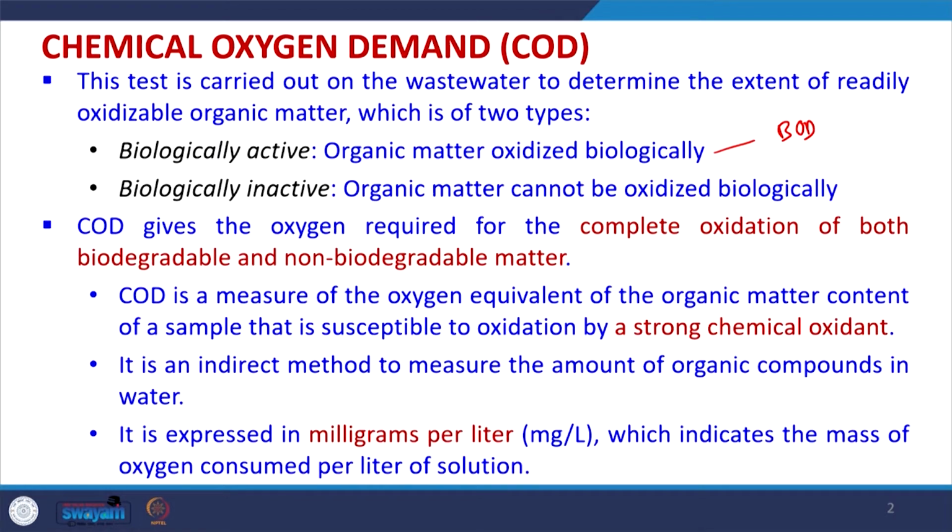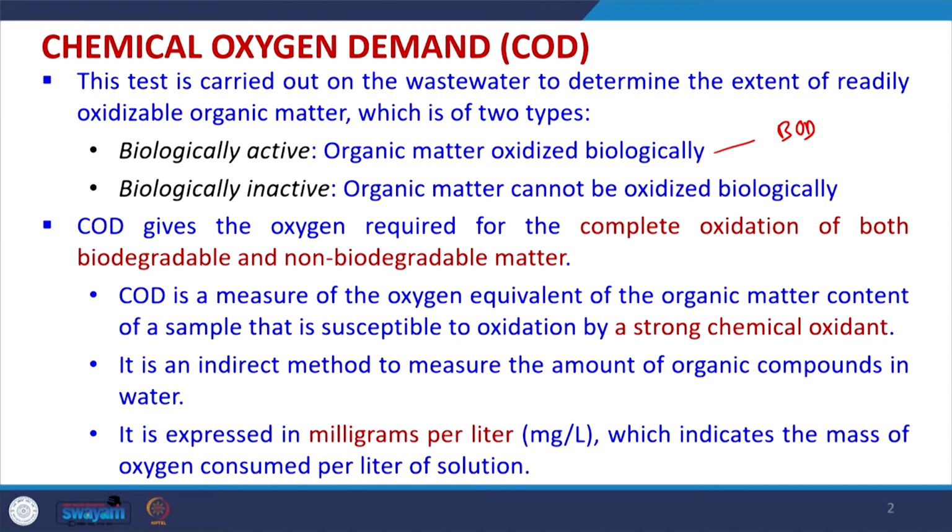So, we need to report the chemical oxygen demand to find out the total oxygen requirement for complete oxidation of both biodegradable and non biodegradable organic matter present in the water. What we do is use a strong chemical oxidant that oxidizes everything present in the water sample, and that way we determine the oxygen equivalent of the organic matter present in the sample.